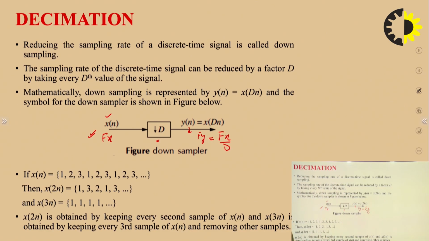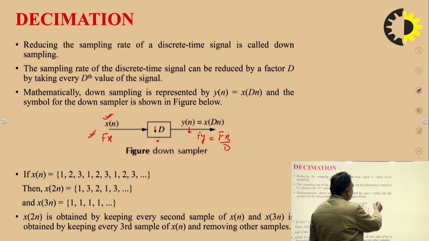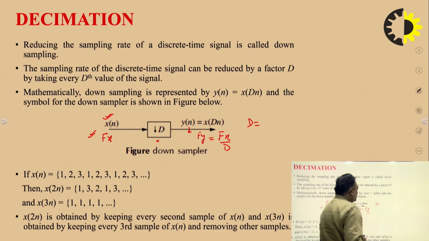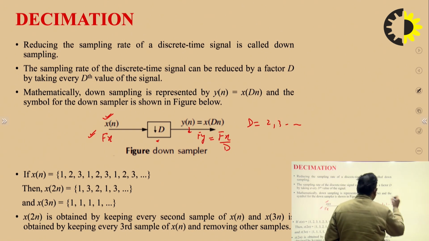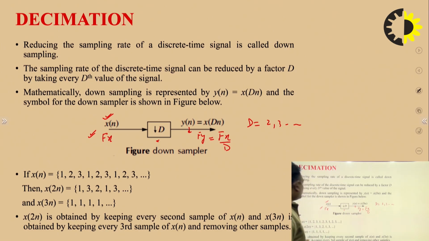In the time domain, if the input signal is x(n), then the output signal is y(n) equals x(Dn), where D is any integer value greater than 1, let us suppose 2, 3, like this. Here is a signal x(n) represented by the series 1, 2, 3, 1, 2, 3, 1, 2, 3.